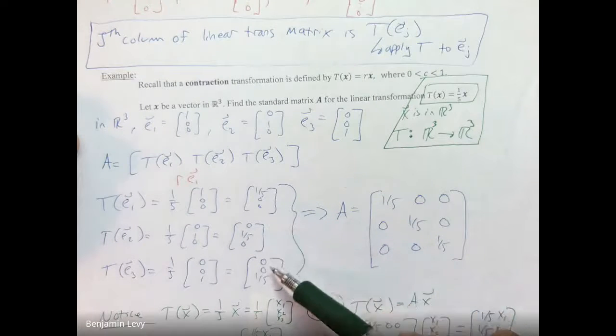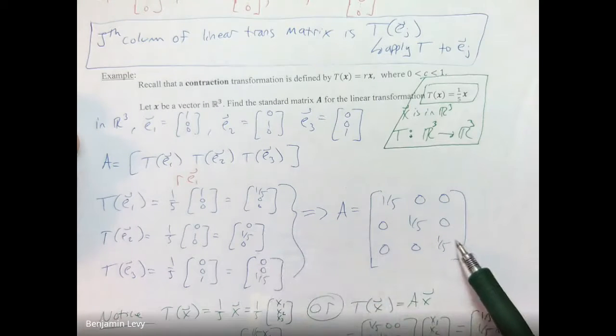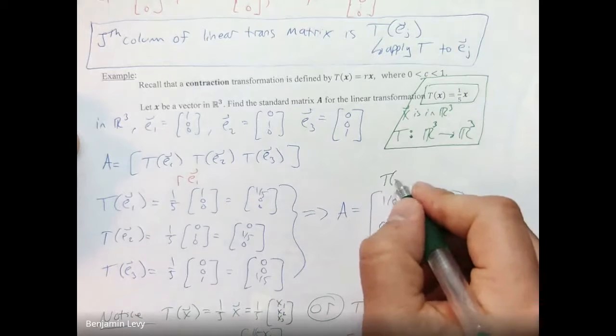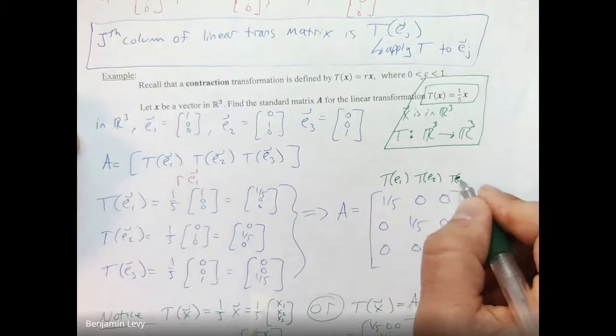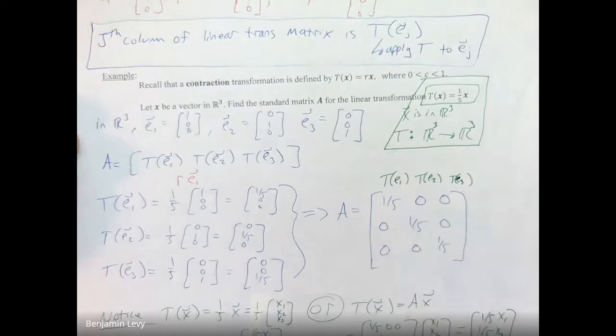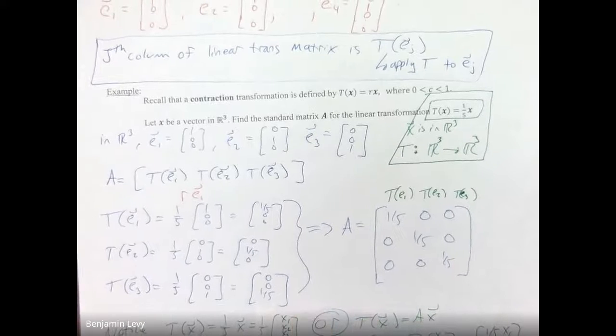And so these were the columns of our transformation matrix in the long run, because this was the transformation applied to the first one, the second one, and the third one. And when I say one, I mean the columns of the identity matrix. And we did the same thing on the next page, just with a physical representation to go along with it. So let me pause right there and see if there are questions about that general process before we look at the question that Finton's specifically asking about.